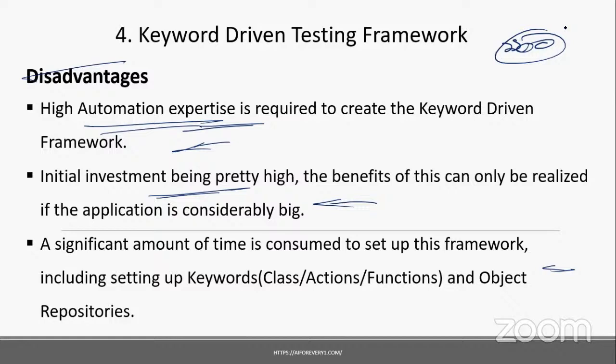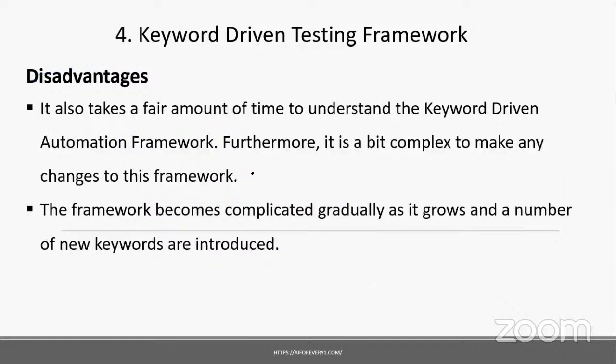So that big list of keywords, we have to write. It means you need a lot of coding, which is time consuming. More time, more investment, so return on investment we have to consider. So these are all drawbacks.